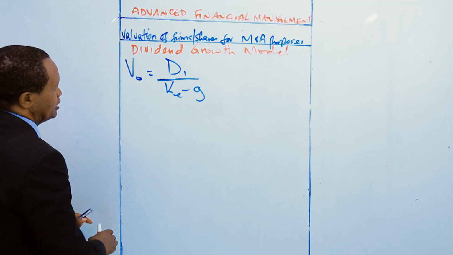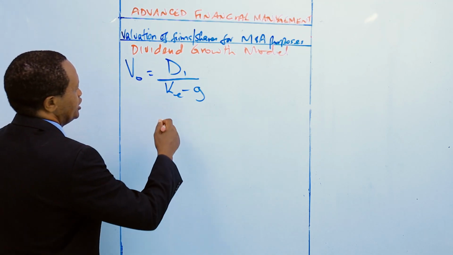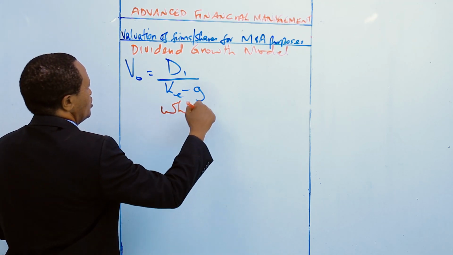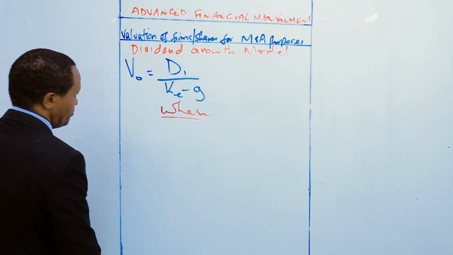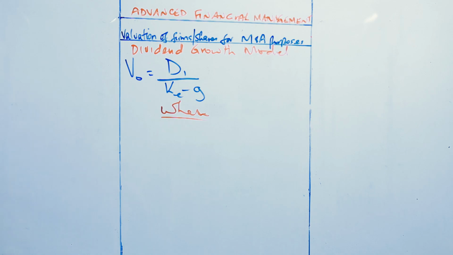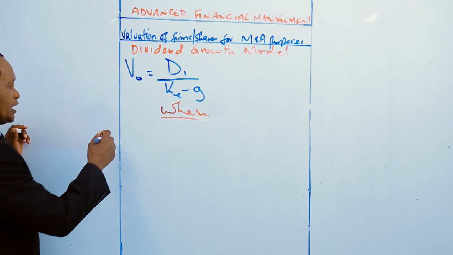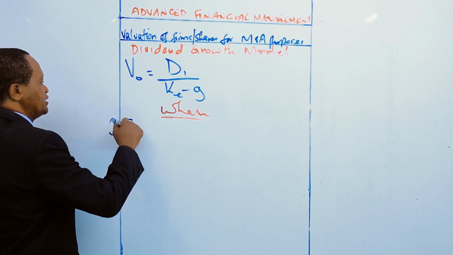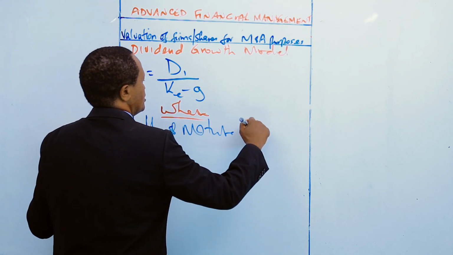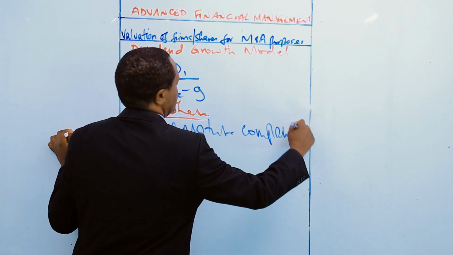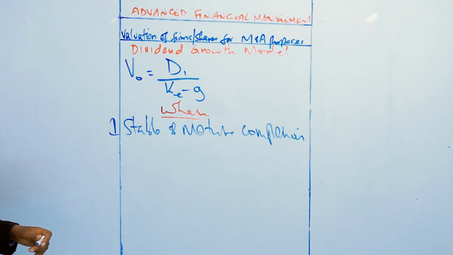So when do we use this method? When is it appropriate to use this method? How is it used? Number one is valuing stable, mature companies. If you are valuing stable and mature companies, then the dividend growth model is most preferred.